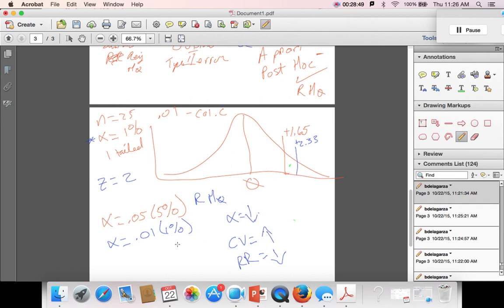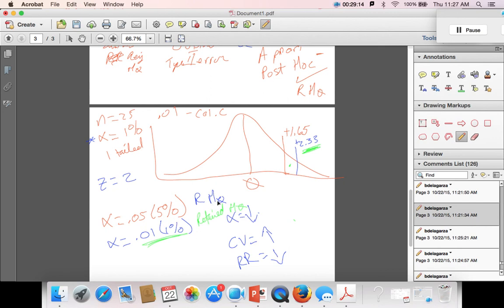But now you'll notice with an alpha level at 1%, what happened to my statistic? Did it land inside or outside the region of rejection when my critical value was 2.33? So at a 1% alpha level, I've now retained the null hypothesis here. So in one instance, I rejected. In another instance, I retained.